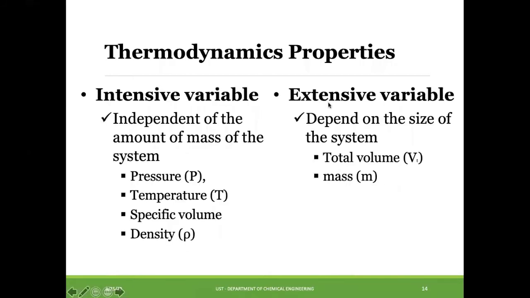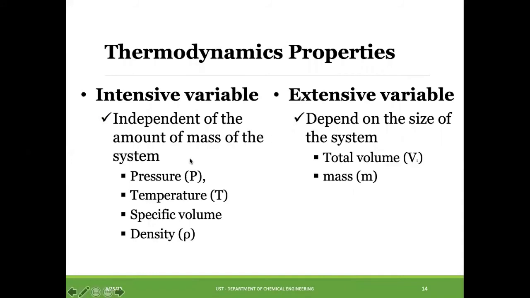Now, we also need to review types of thermodynamic properties. What are extensive properties or extensive variables? Extensive properties depend on the size of the system. We have mass and volume, while intensive properties or intensive variables are independent of the amount of mass of the system.